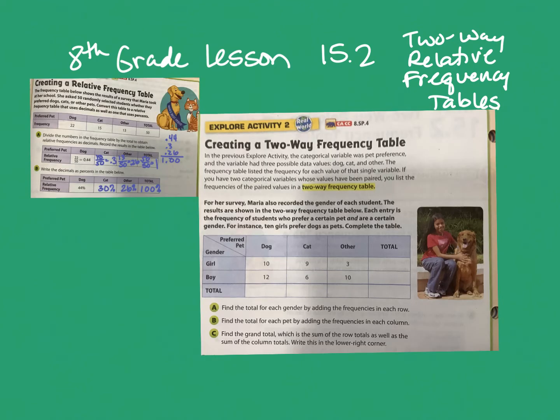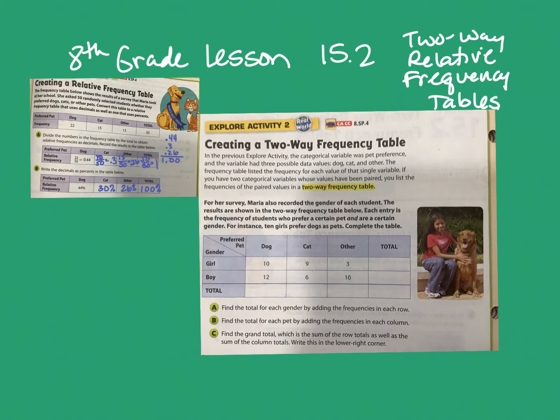Okay, going from a relative frequency table into a two-way frequency table that has two categories of information. We have this same data of the dogs and cats, but she split it into not just which students preferred dogs and cats, but which of those students that preferred dogs and cats, how many were girls, how many were boys.